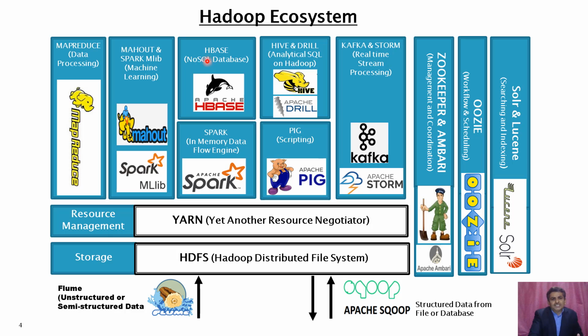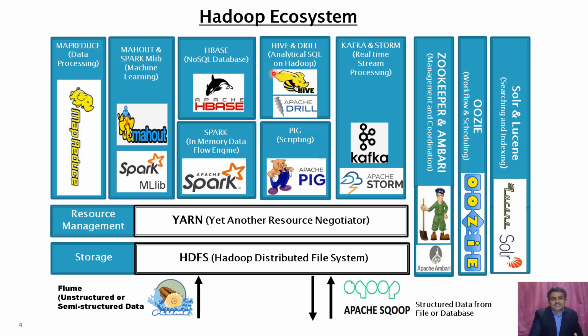The next component is HBase. HBase is a NoSQL database. Since the type of database used in Hadoop is NoSQL, HBase is used as a NoSQL database. The next component is Spark. Spark is an in-memory data flow engine.